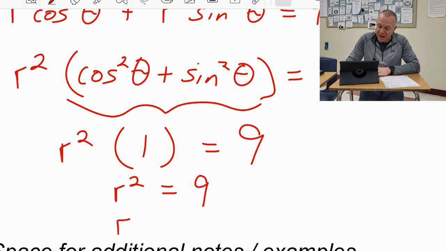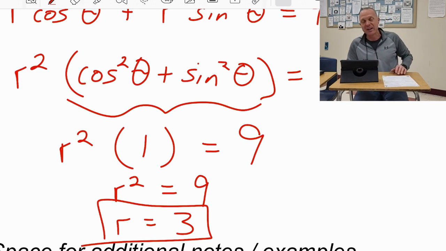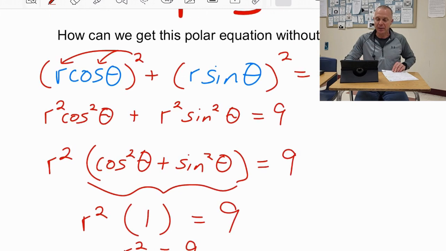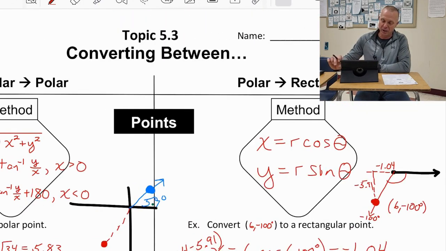But if you simplify that, if you basically take the square root of both sides, bingo, you get r equals 3. Now, just make sure you realize that r equals 3 was the answer a few minutes ago, but now we found it using algebra. And what that kind of proves to us is that if we substitute, like we did in blue right here, if we substitute r cosine and r sine, we can end up with a polar equation.